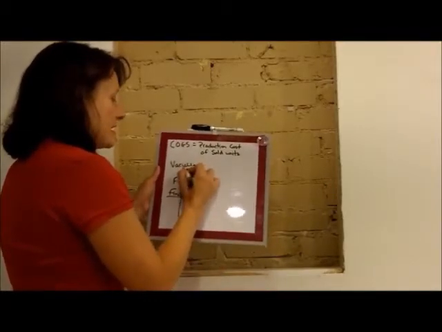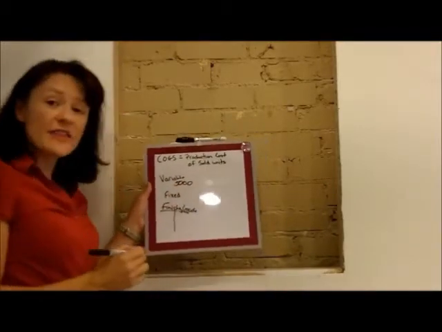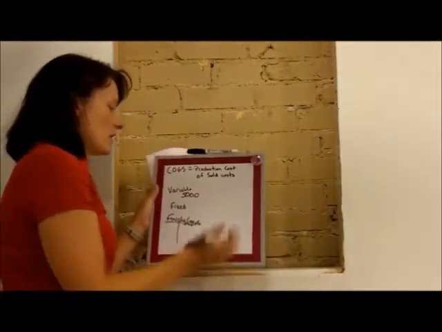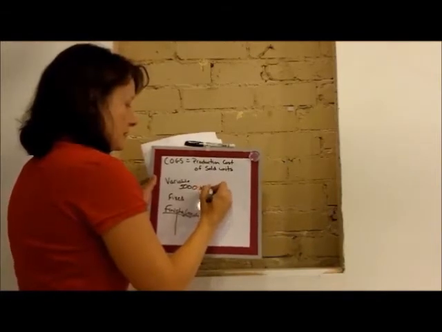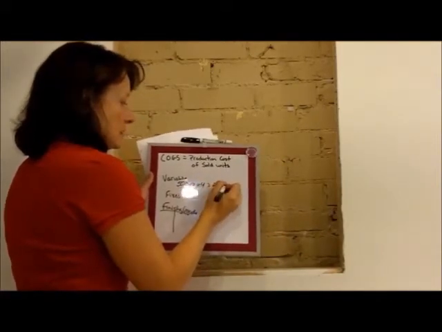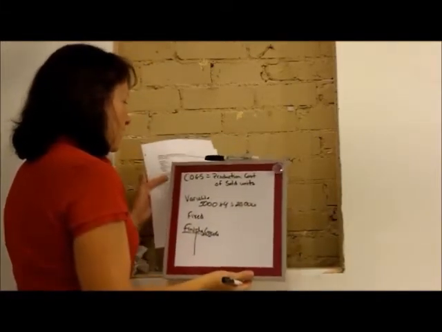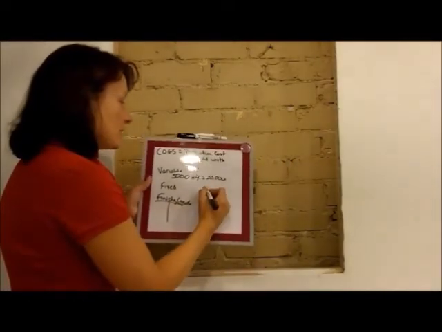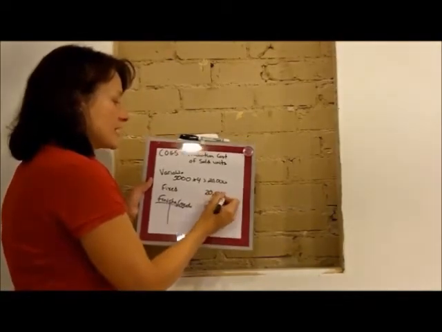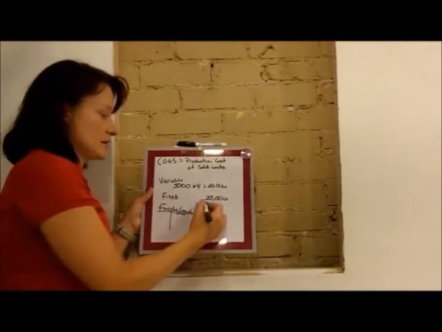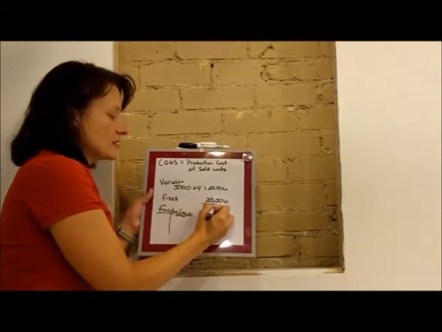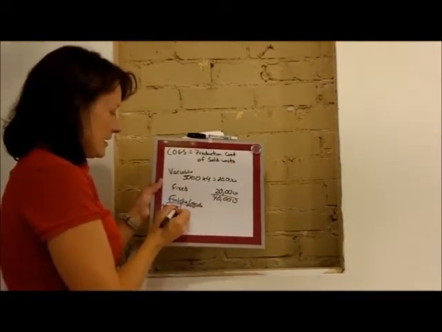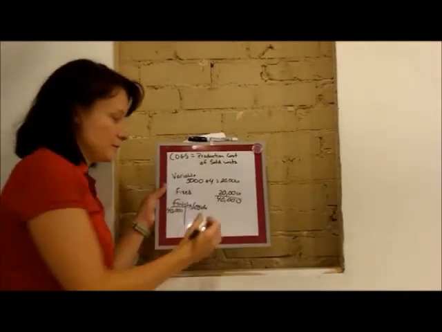Well, we produced 5,000 units at $4 each, and we still had the fixed cost. So we have $20,000 of variable cost. We still have $20,000 of fixed production cost. So we have $40,000 total production cost sitting in the finished goods inventory account.